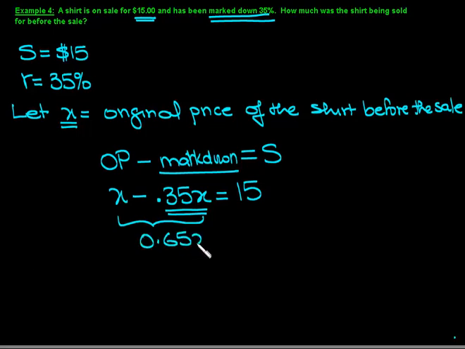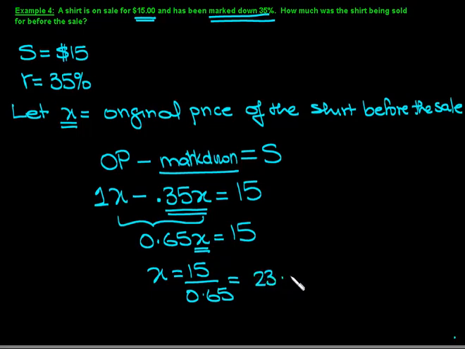0.65 X, because this is 1, so 1 minus the other coefficient is 15. To solve for X, to isolate X by itself, you divide both sides by 0.65. So you get 15 divided by 0.65, which will give us, if you divide this, we'll end up with what? 23.0769.